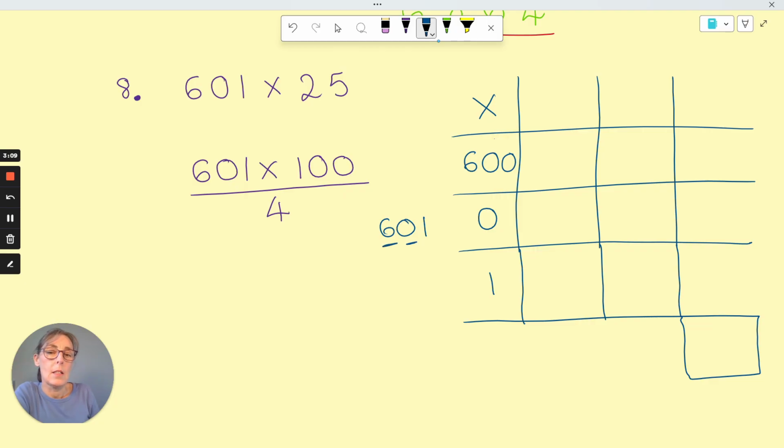And then that's the tens, and then that's the ones. So let's use the same colour, and we'll put 25, and that's 2 tens and 5 ones. Okay, now you should be able to add these up and it comes to this answer. So if I add 20, add 5, 20 add 5 is 25. Yes. 6 add 0, add 1, 601.